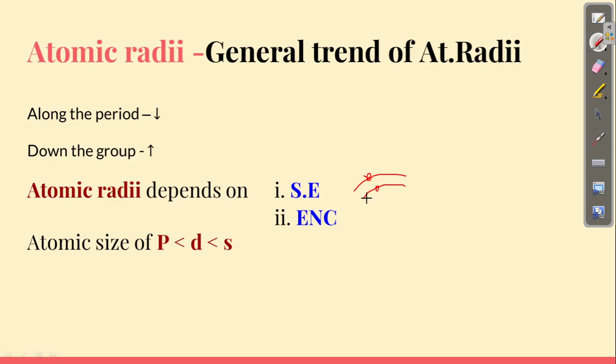Why is it also called a shielding effect? Because of this repulsion, it will shield the attraction done by the nucleus. Now, what is the effective nuclear charge? The net charge which is experienced by the electrons is called the effective nuclear charge.